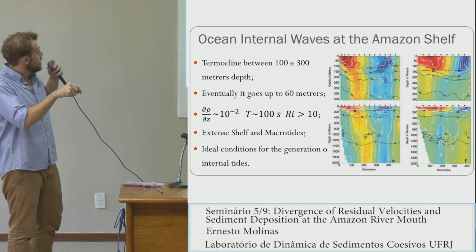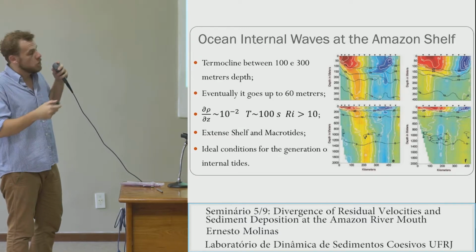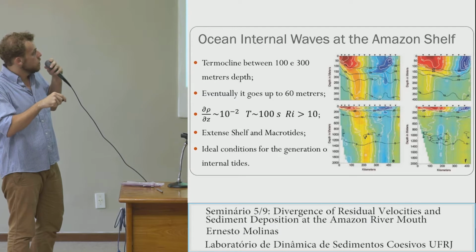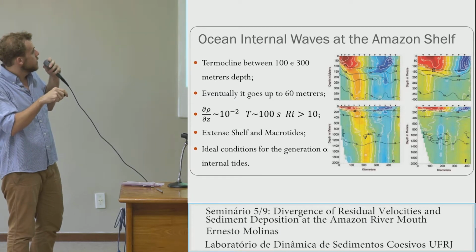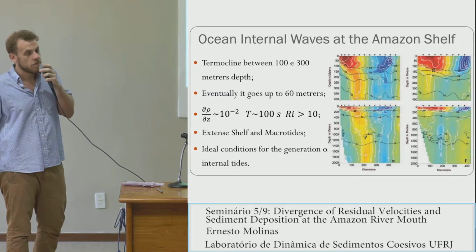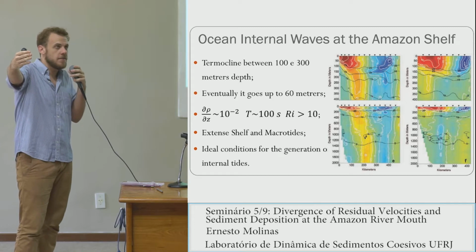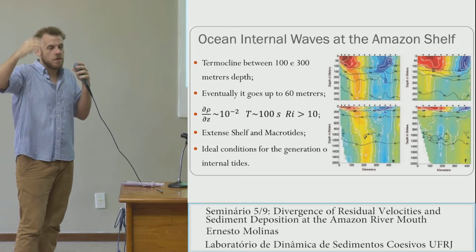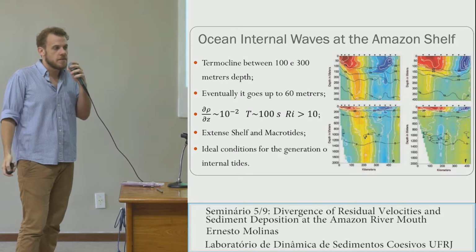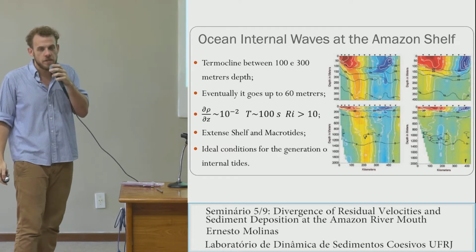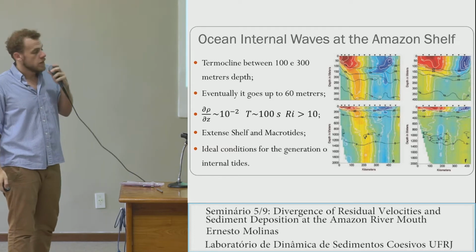But the problem is that we have vertical resolutions up to 1 meter, horizontal resolutions in the order of 100 meters, and time steps of about 5 seconds in a domain that is about 500, 600 kilometers. So computationally, that's quite complicated.